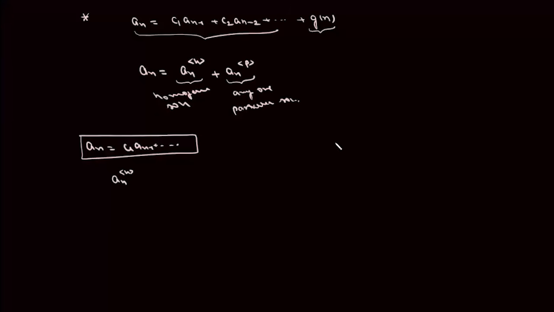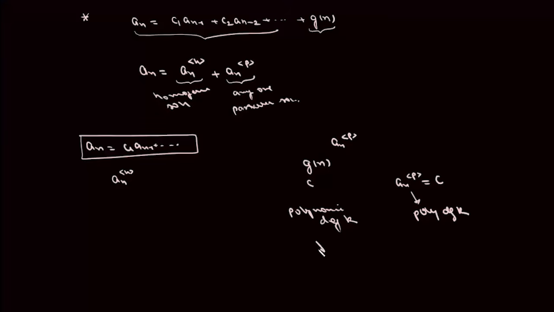And for this particular solution, depending on this function g(n), we'll try some standard solutions. So if g(n) is constant, then we can try a_n particular as some constant, say capital C. If it is a polynomial of degree k, then we can take a_n as a polynomial of degree k.